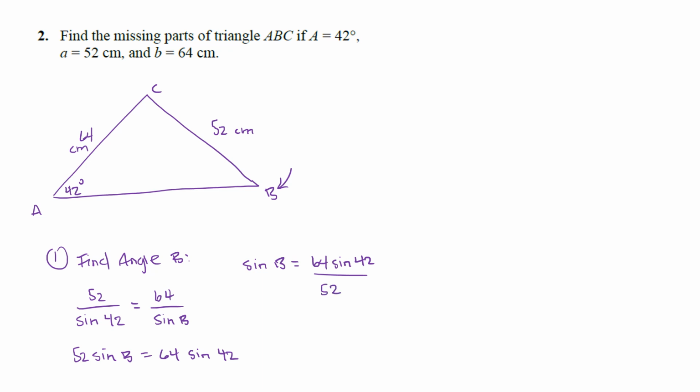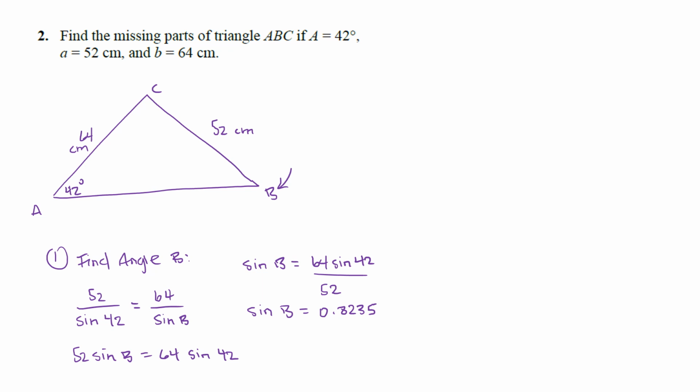Okay. When you enter that right side into your calculator, because we just want to make sure that this triangle exists, we'll get that the sine of B equals 0.8235. That value is between -1 and 1, so it exists.